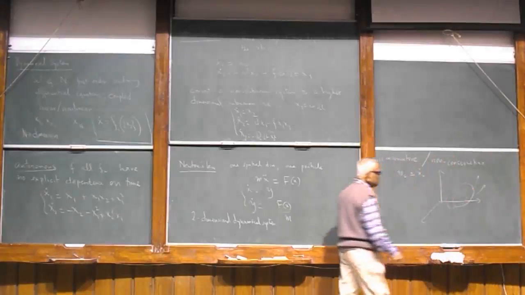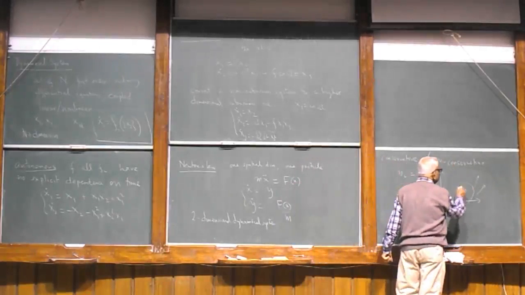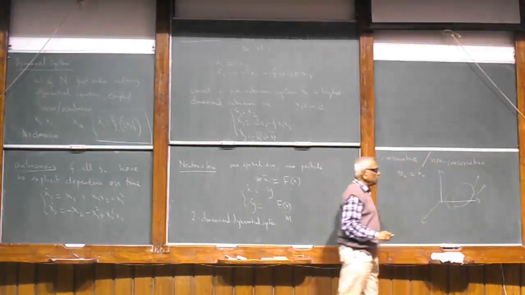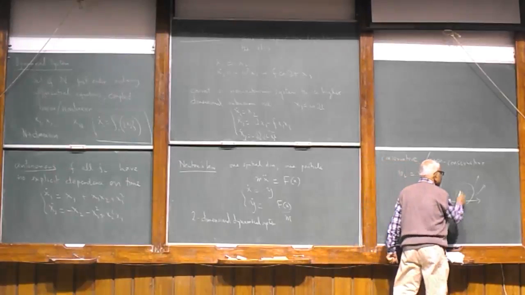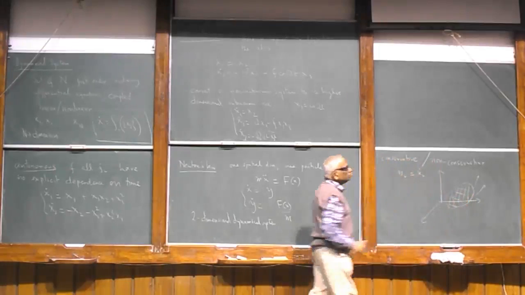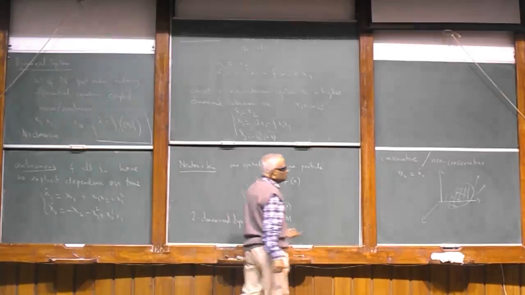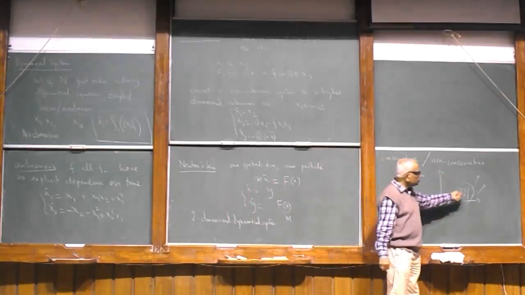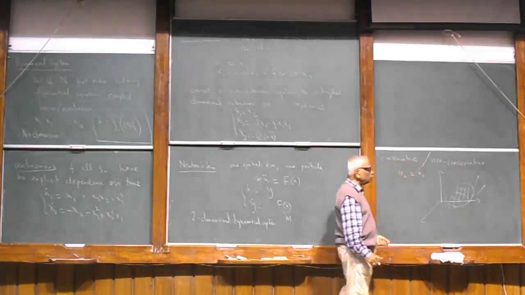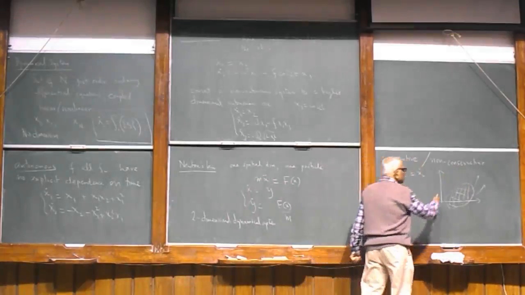Conservative would be that if I consider a volume of points at any given instant, so if I have this volume of points over here, then that is going to be preserved as dynamics goes on, which means that there is going to be as much flowing in as flowing out. So the flux is going to be 0.